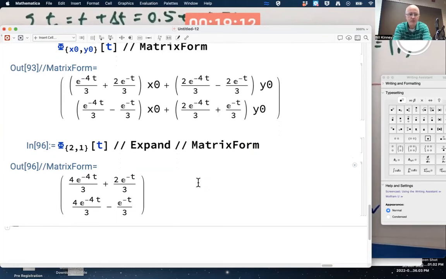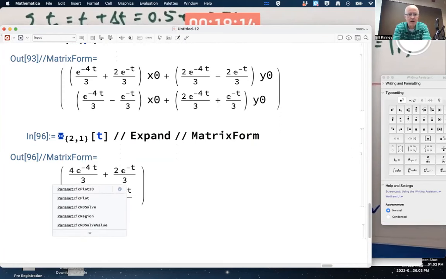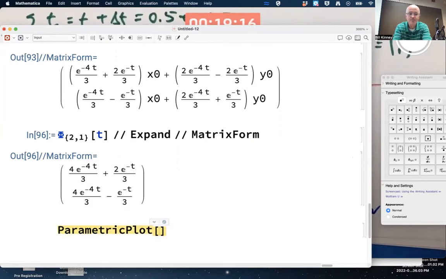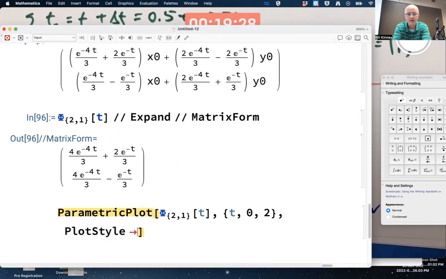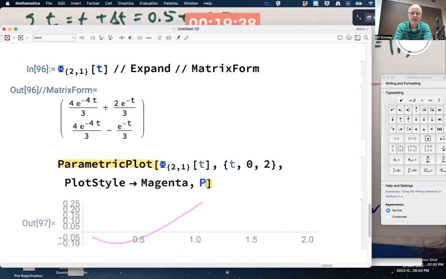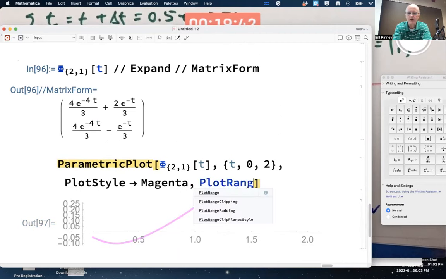And if you do a ParametricPlot of that parametric curve, you'll get something that looks like the green, the pink curve did. Technically, it's magenta. Let's change the plot scale. PlotRange.